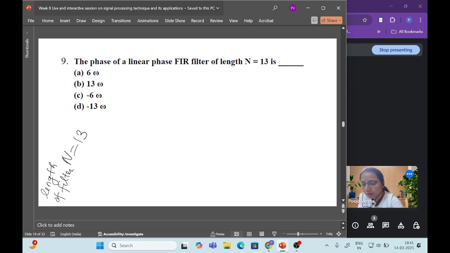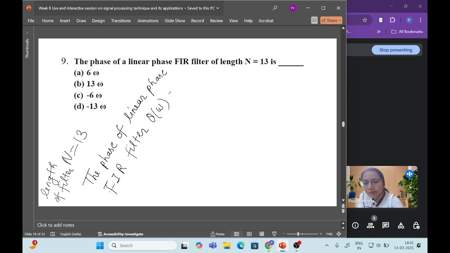So the phase of a linear phase FIR filter is represented by theta of omega, which is equal to minus a omega, where a is equal to N minus 1 divided by 2, where N is given as 13.